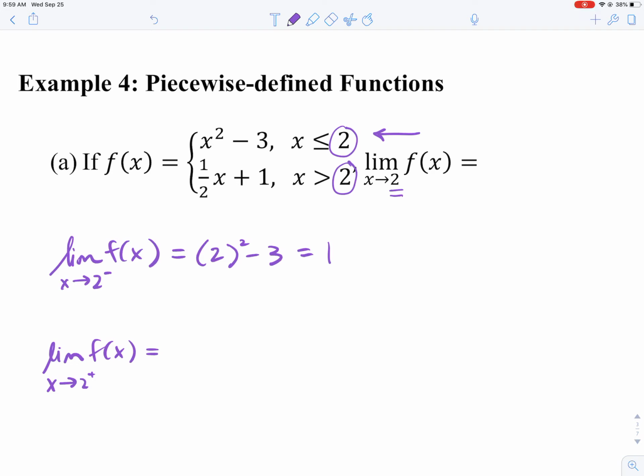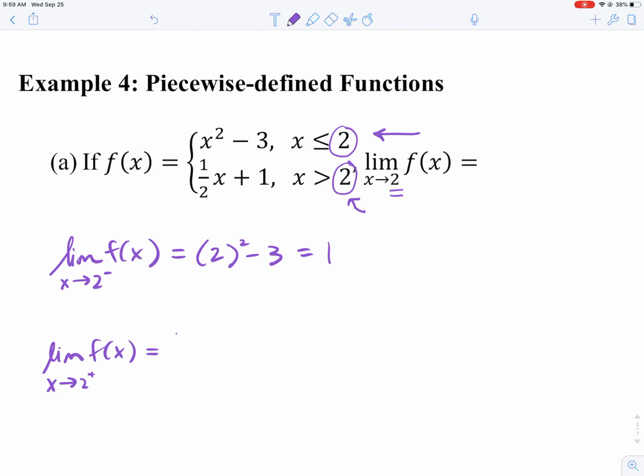Okay. And then for this function, as x approaches 2 from the right, since 2 is an endpoint of the interval, or where the domain restrictions switch, values directly to the right of 2 will be in this second interval.